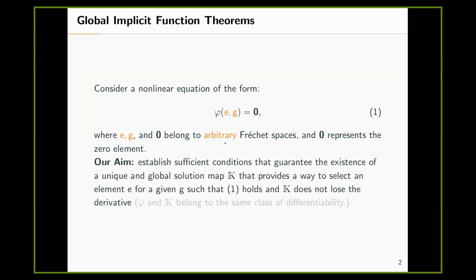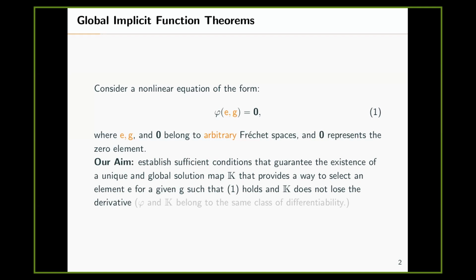So first, we are looking for sufficient conditions that guarantee that there exists a unique and global solution map, K, such that it does not lose the derivative.